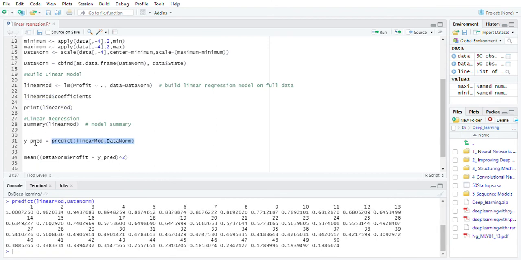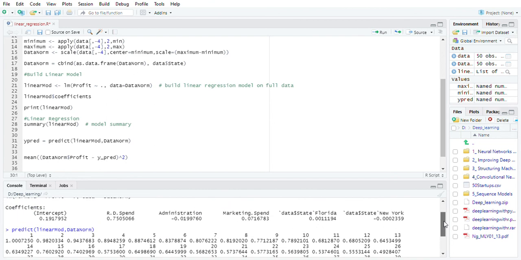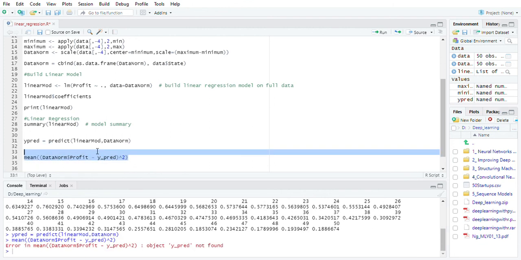Yeah, this one minus, sorry. And this one is the prediction. For example, the first value of the first data, it was I think 0.007, and this one is 0.9, etc. So we compute the error with this formula. We also have to remove this Y-predict.